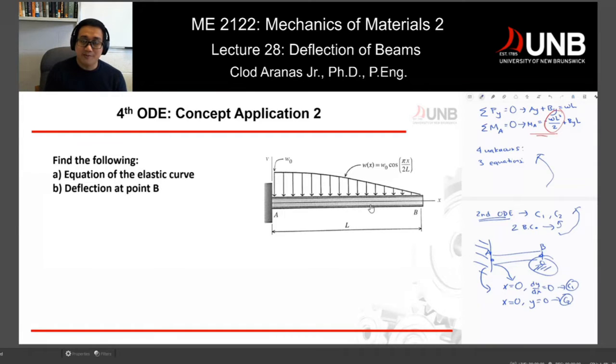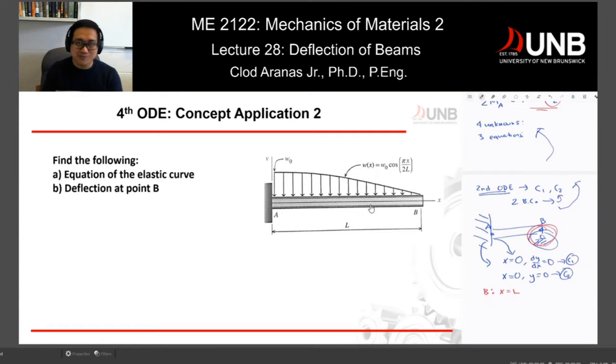Now, if you have an indeterminate beam, you have this extra reaction at the end. So you can use another boundary condition, which in this particular case is at point B, wherein at x equal to L, that's the end of your beam from 0. At point A, x is 0.